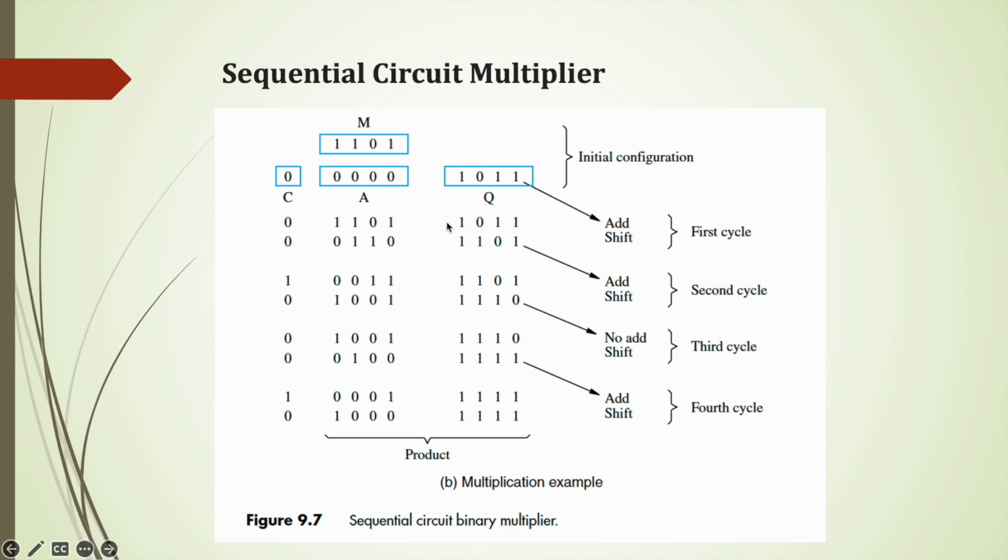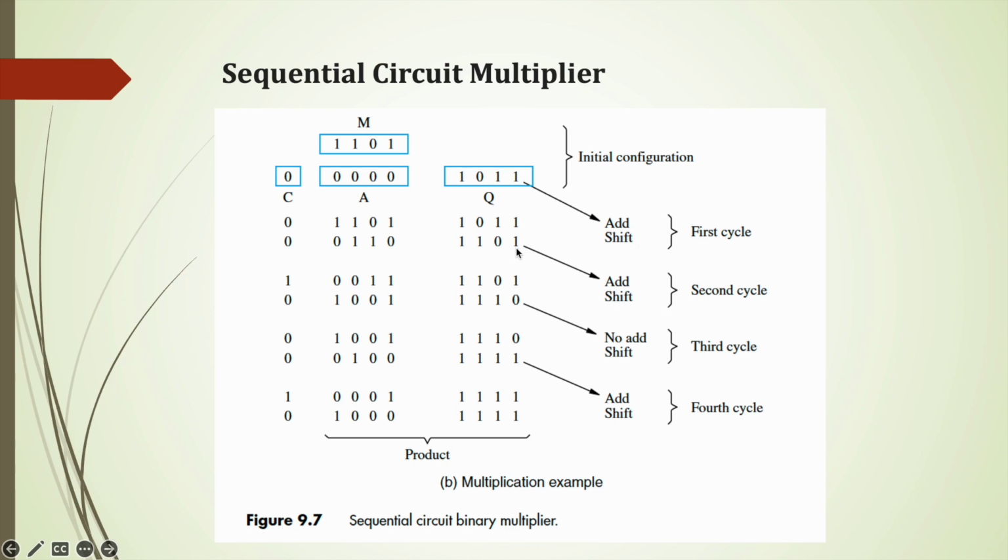Shift A and Q. The carry will come to A, to the next position, 1 to the next, 0 to the next position, 1 to the 1 here, 1 to this place, 0 to this and 1 to this, and this bit is neglected. And we decrement; the first loop is completed. Because we have 4 digits in the multiplier, we have to repeat the loop 4 times. So one time is completed.